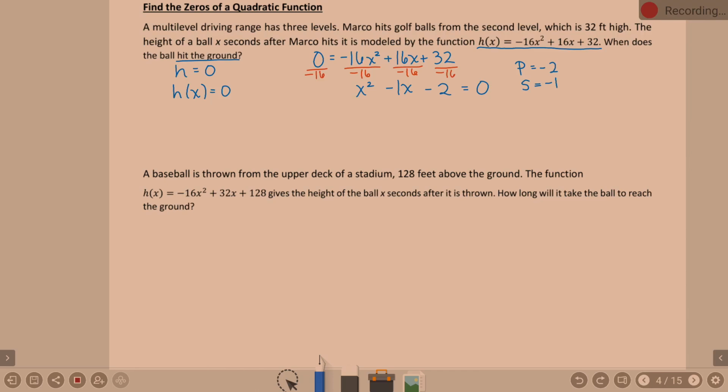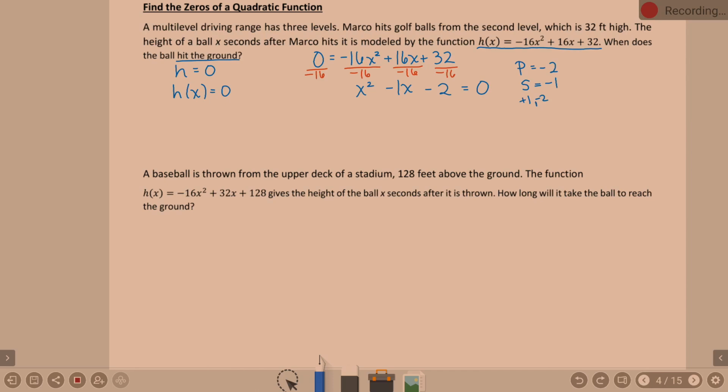Well, what's the only option for multiplying to be 2? 1 and 2, yes. If you multiply to be a negative, one of the numbers is negative. How do we make them add to be a negative 1? Bigger one is negative. Good. Bigger number is negative, so negative 2 and positive 1.